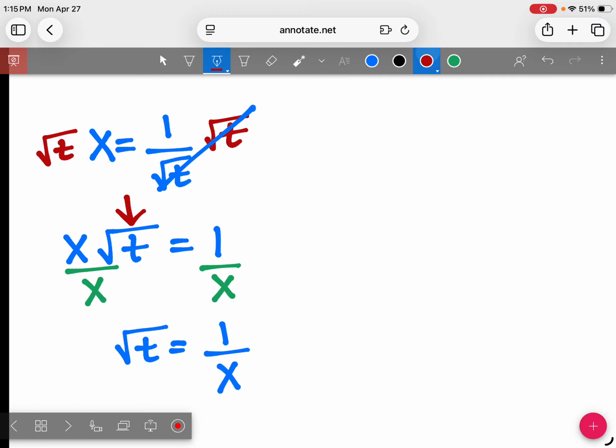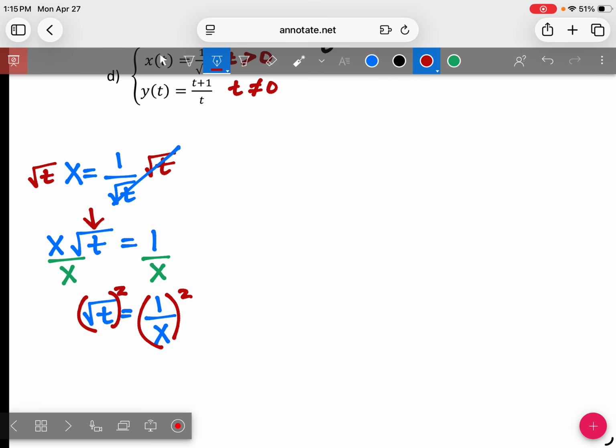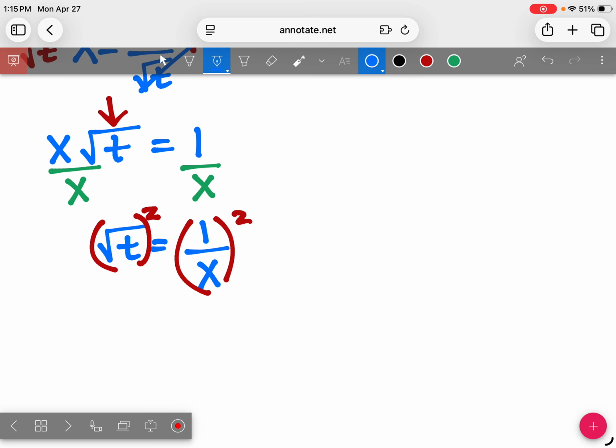Square both sides. So we get t equals, 1 squared is 1 and x squared is x squared. So that's my parameter that I'm going to substitute into my y equation.